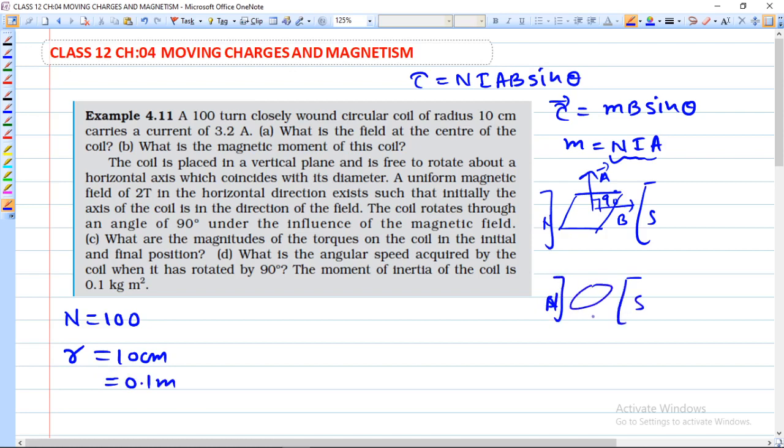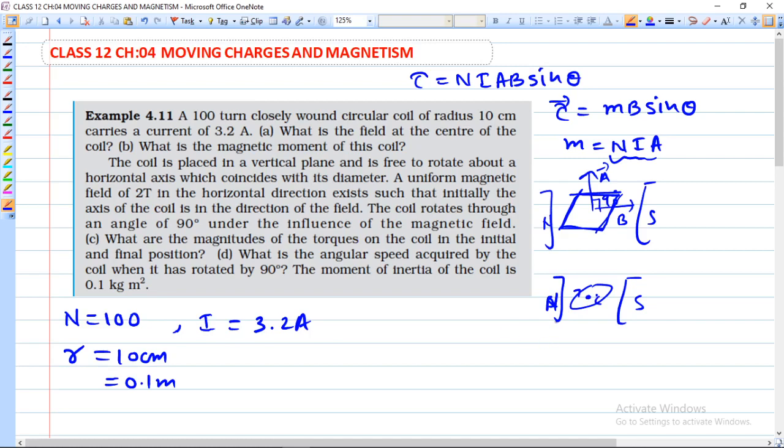It can be of any shape, but here it is circular, or if it is fixed in this shape, then also no problem. Now what is asked? It carries a current of 3.2 ampere. Current is also given, 3.2 ampere. What is the field at the center of the coil? Very simple.